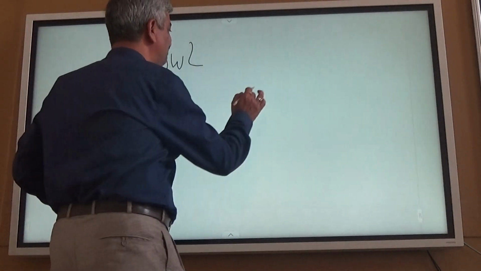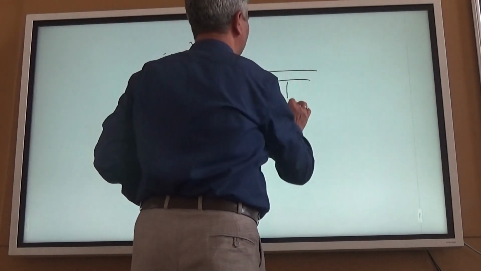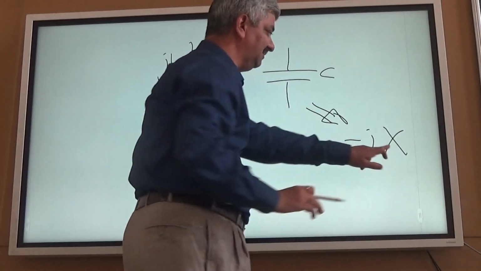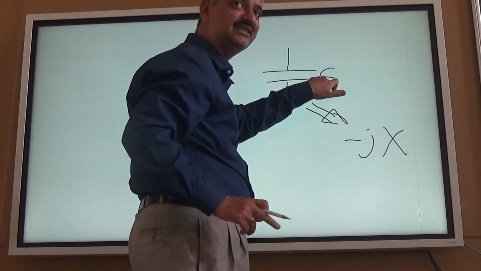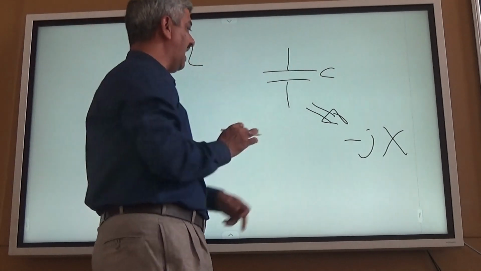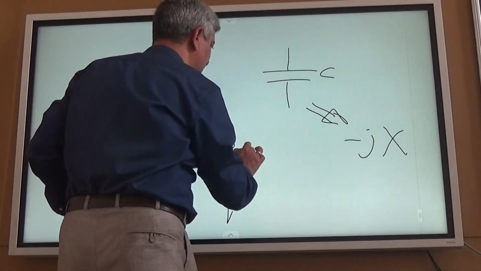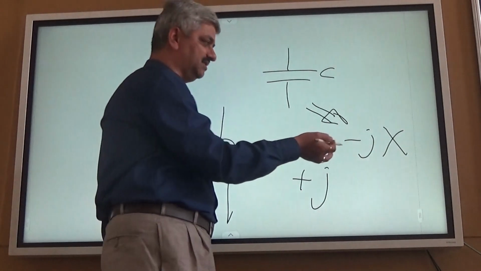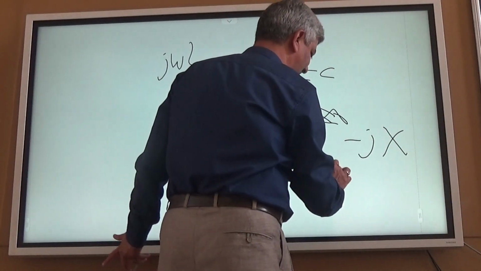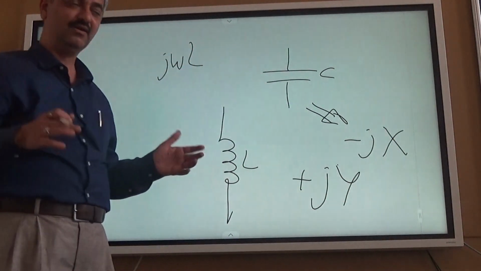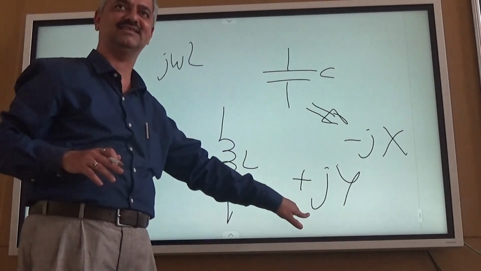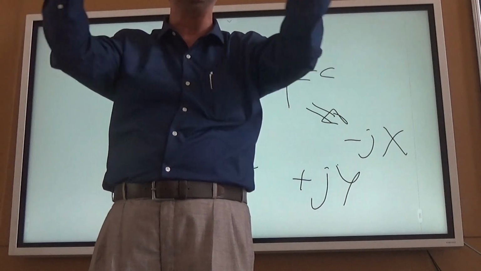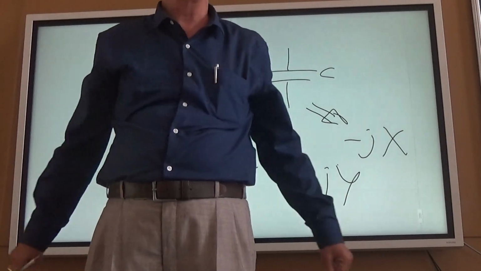So if we are having a capacitor, it leads to minus jx. This x will vary depending upon capacitance C and frequency of operation. And for an inductor, if it's L, it will be plus jy, where y, or we can say y, so that there should not be any confusion. So minus and plus.